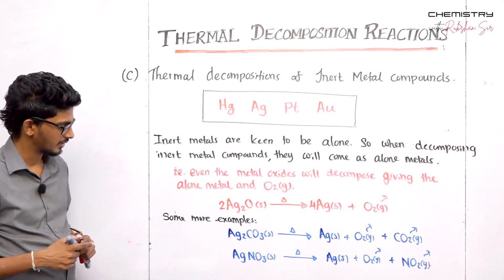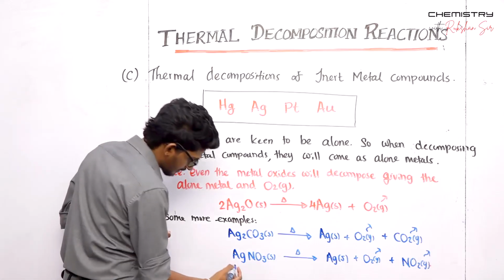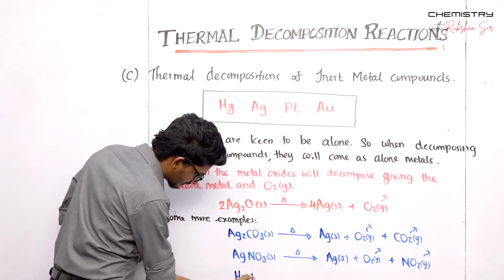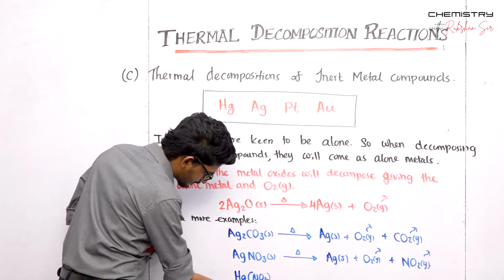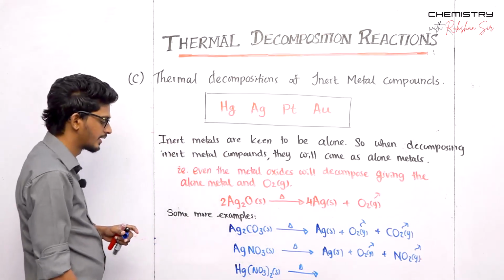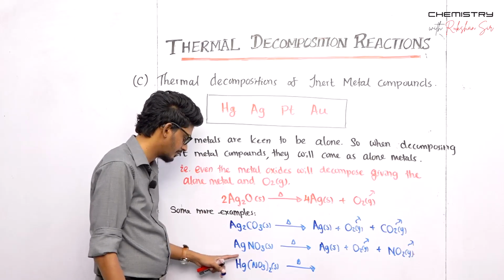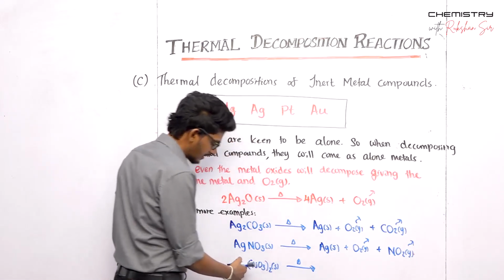So let's come up with the mercury nitrate as well. What will happen? It is not the mercury oxide, it is mercury plus O2, as it's an inert metal.